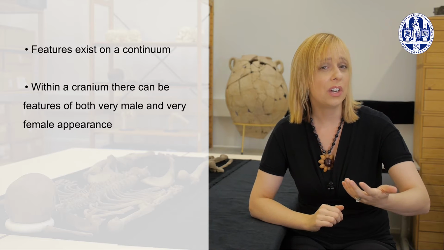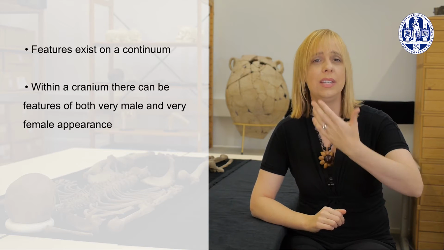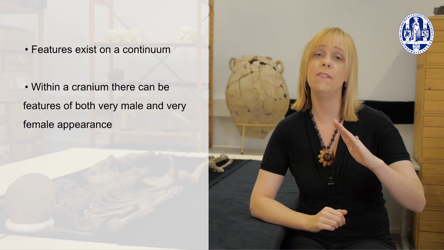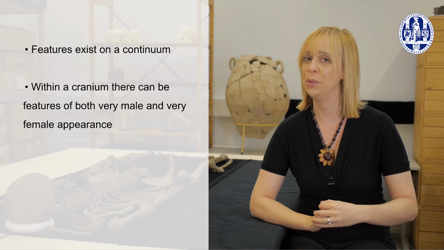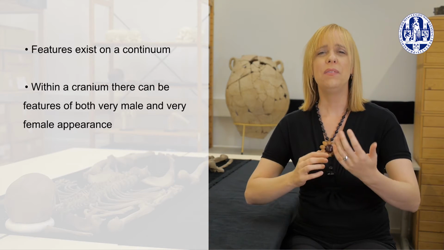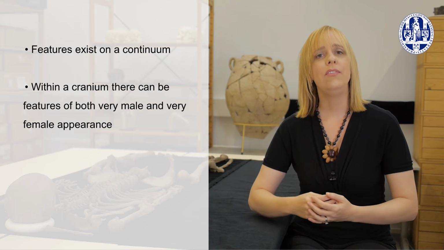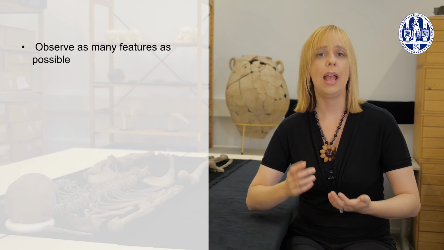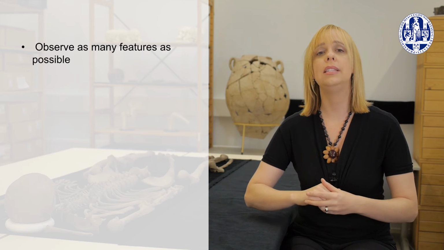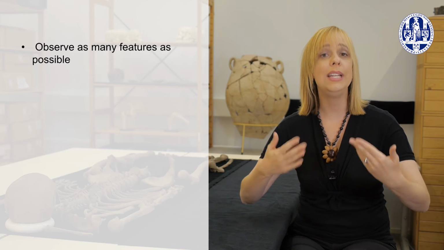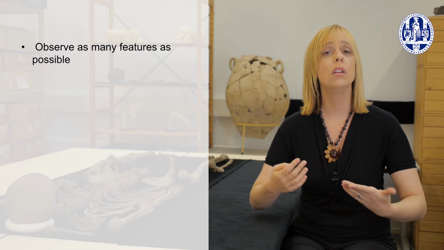A skull that has very male-looking mastoid processes and brow ridges can have a very female-looking external occipital protuberance. So it's of the utmost importance that as many features as possible are observed, and more so that we use a categorization system that reflects this gradation in trait morphology.